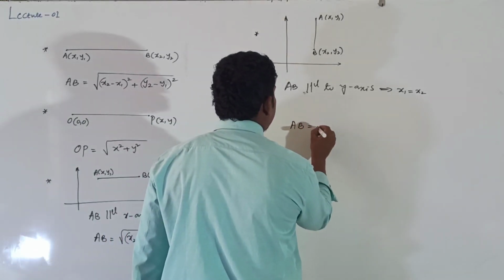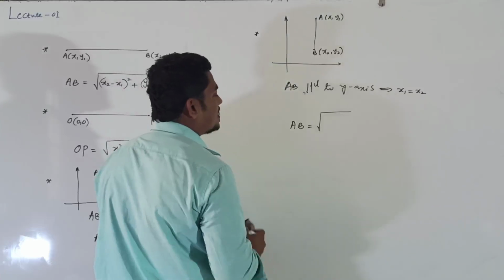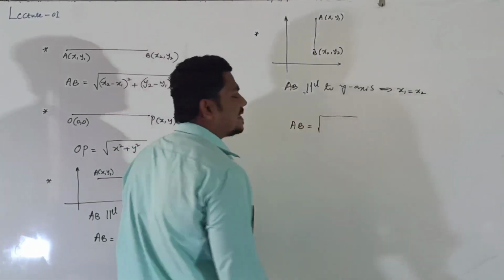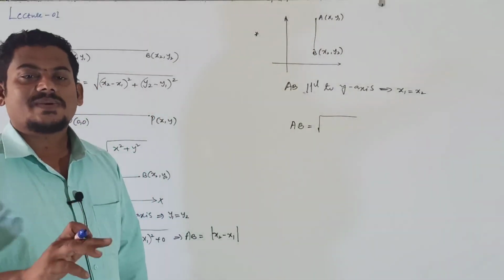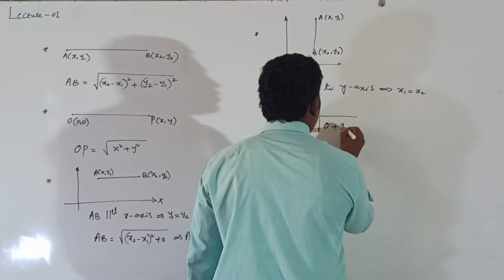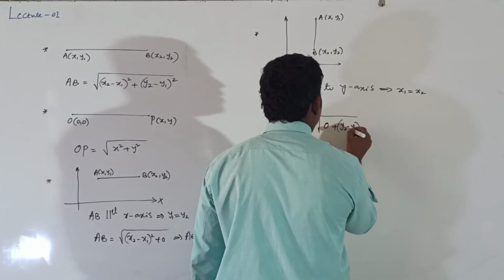Therefore, distance between A and B is equal to square root of usual formula (x2 minus x1) whole square, but in this case x1 value is same as x2 value, so 0, plus (y2 minus y1) whole square.